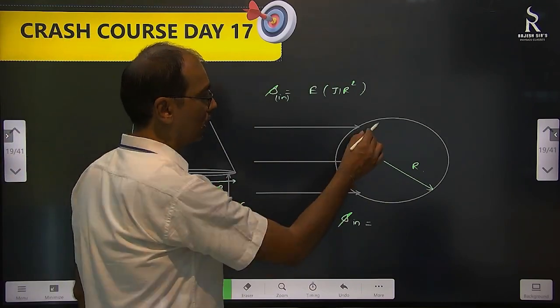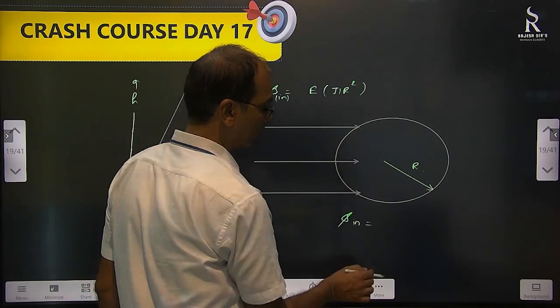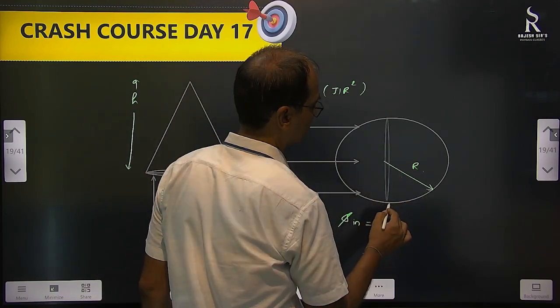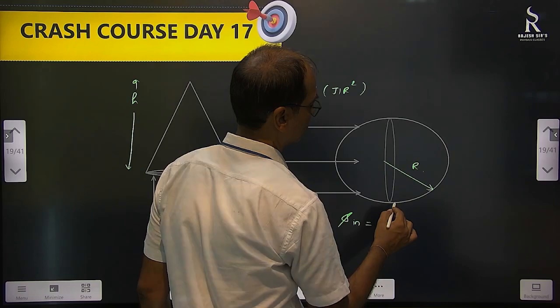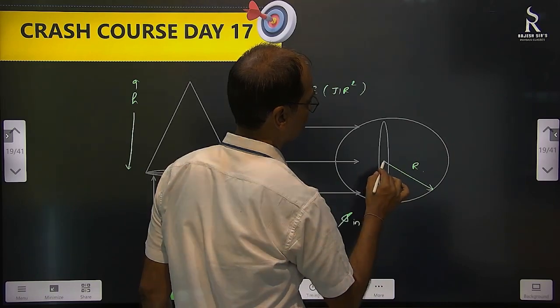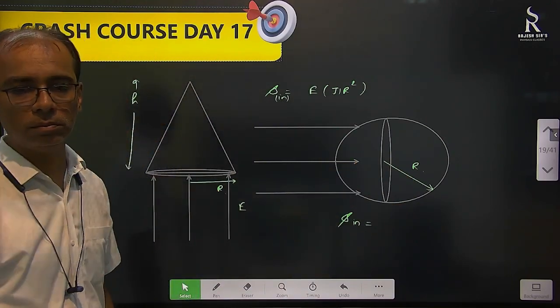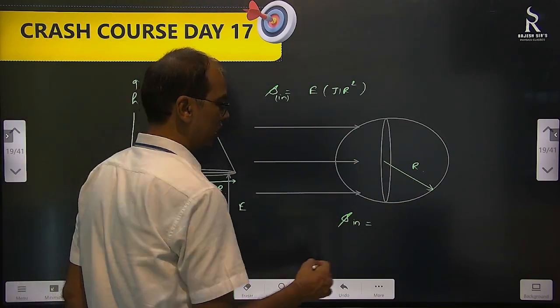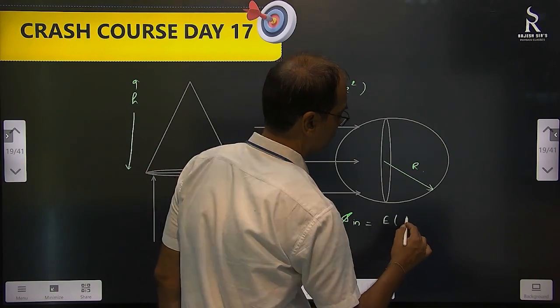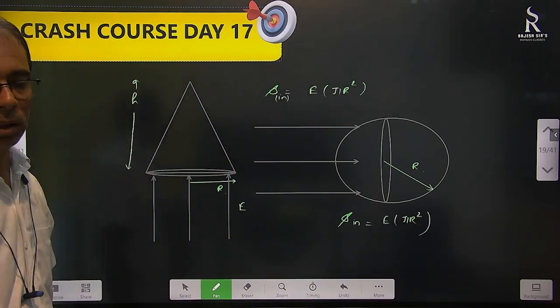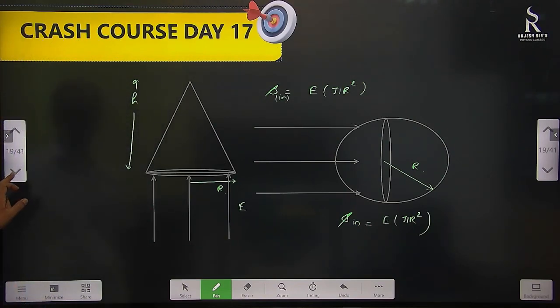Because the area through which it's going is not this area, since we have to take the perpendicular area. So the area through which it's going is this area actually. This is the area, and this area is pi r square. So here also our answer is E into pi r square. Correct? Right? So this is how we calculate flux.